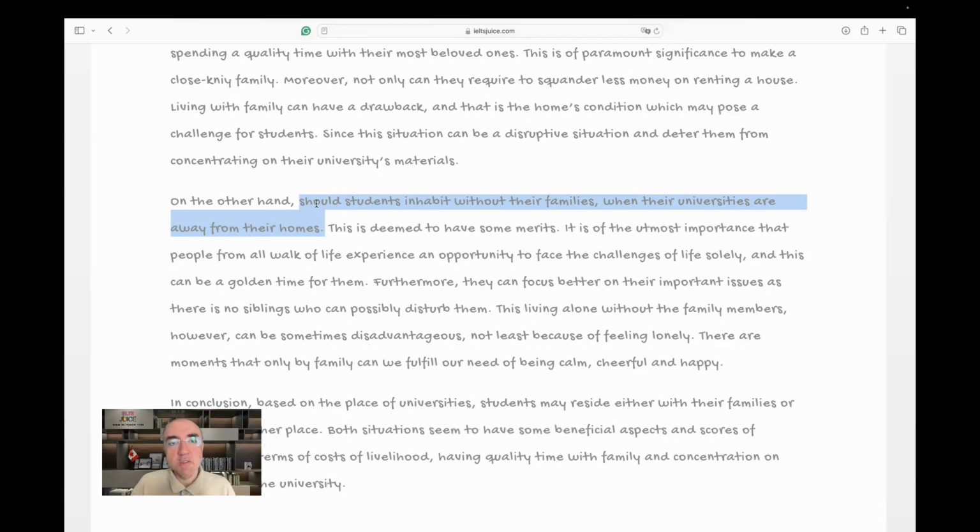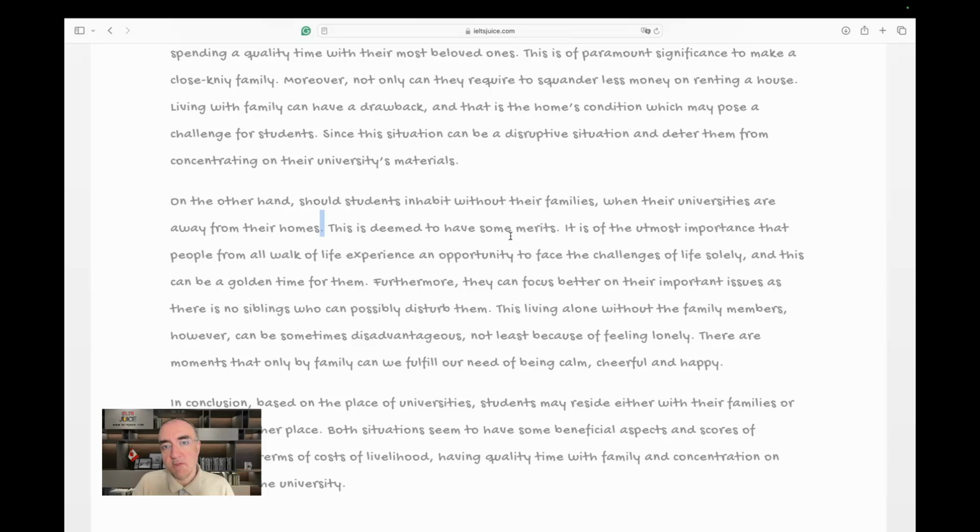You can read it as if instead of should, but the writer is telling us that he or she knows how to use should instead of if. Should students live without their families when their universities are away from their homes? So I don't need a full stop here.